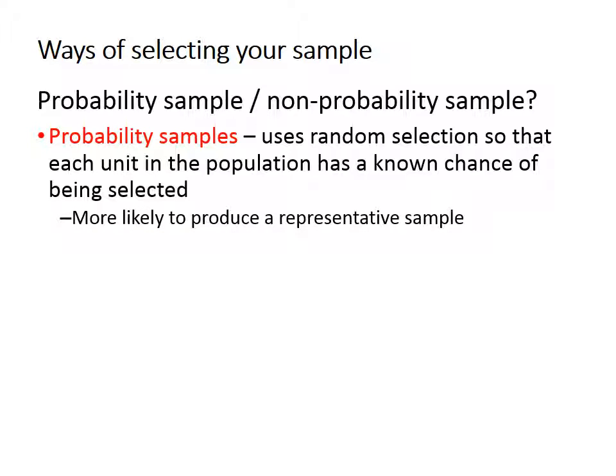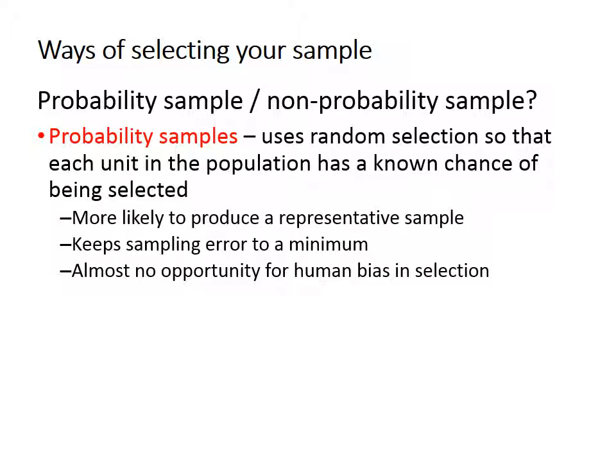It's more likely to produce a representative sample. Errors in sampling are kept to a minimum because you are selecting individuals randomly. And there's almost no opportunity for human bias. If you like, you're putting all the names in a hat and randomly pulling them out.